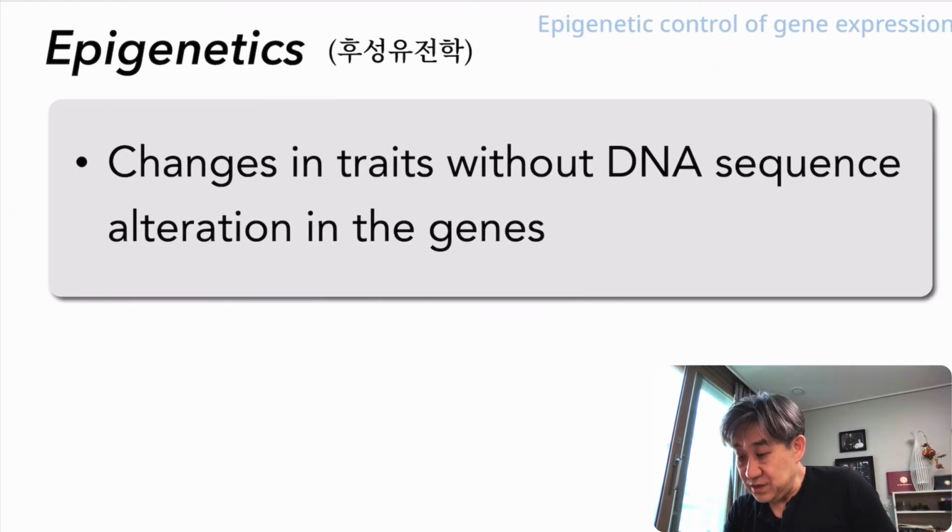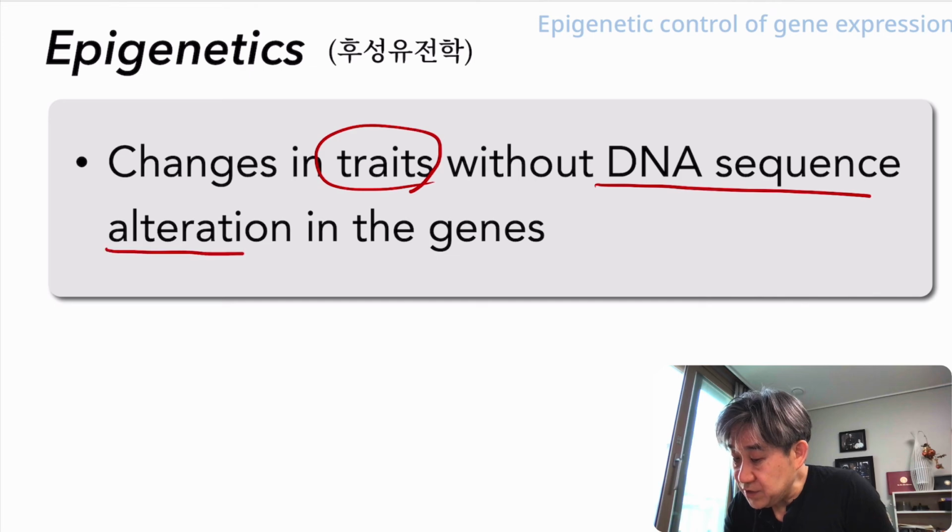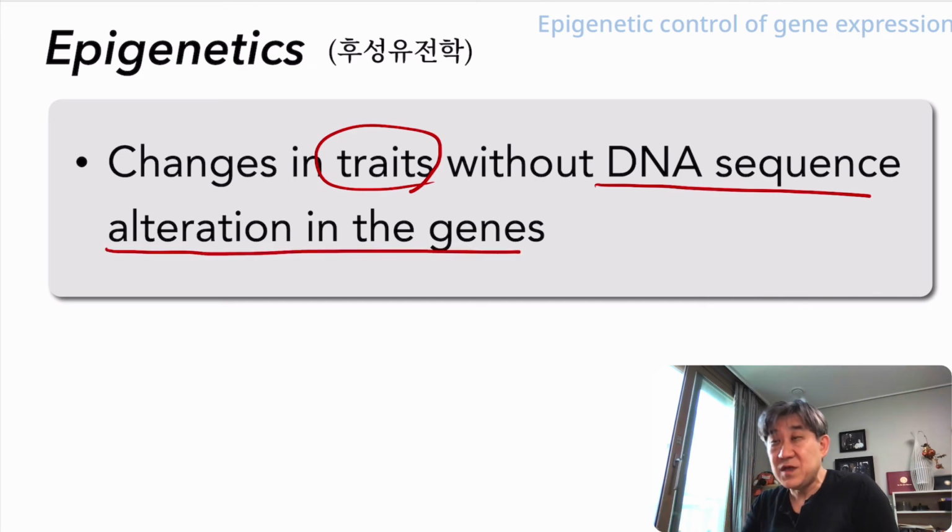Epigenetics, by definition, although there are slightly different versions of the definition, the standard definition of epigenetics is changes in trait, once again this trait, without DNA sequence alteration in the gene. So this concept is in contrast with the classical genetics concept established by Gregor Mendel.